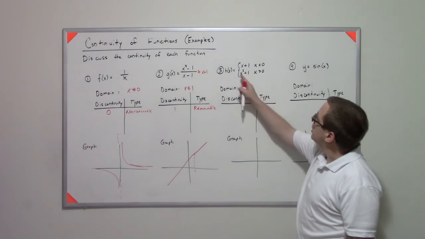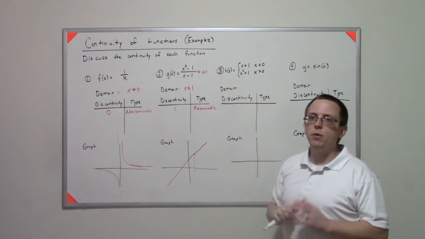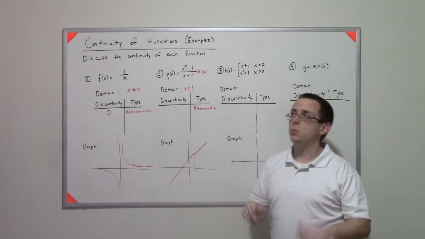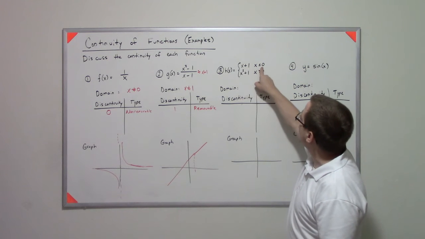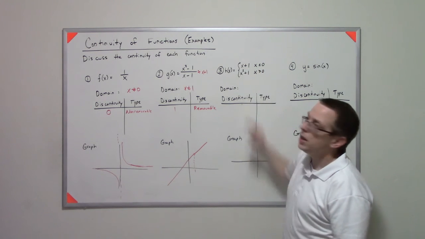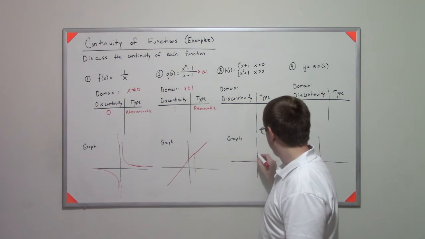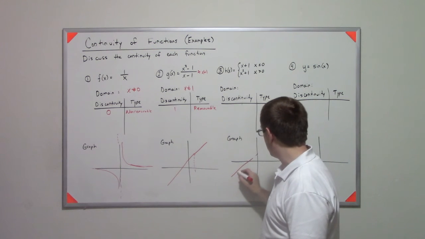Our next function is a piecewise function. And if you remember what a piecewise function is, it simply is just two different functions put together. We say, alright, for x less than or equal to 0, it's x plus 1. So it looks like this function when x is less than or equal to 0.